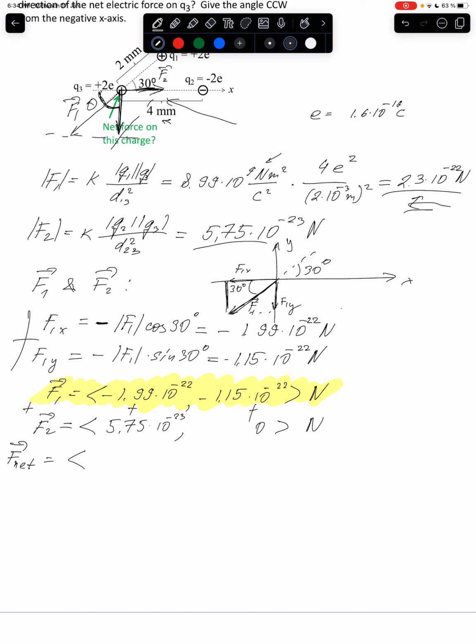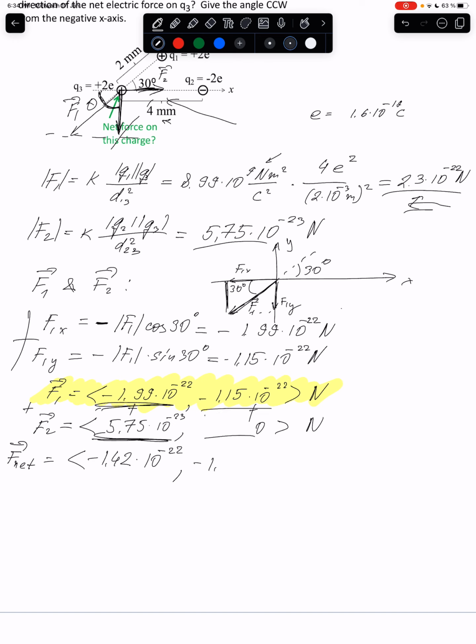Adding the x components first, we obtain minus 1.42 times 10 to the negative 22. That's it. Adding these two numbers is pretty straightforward.